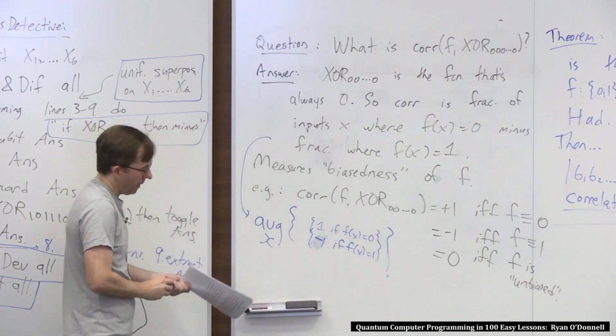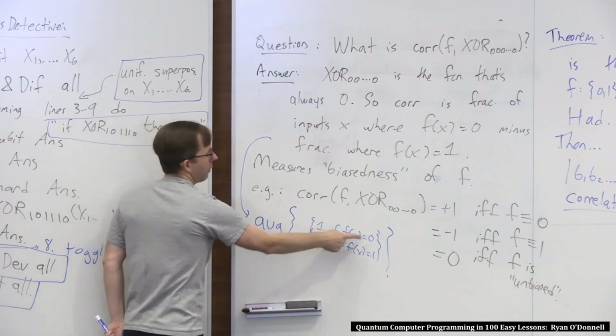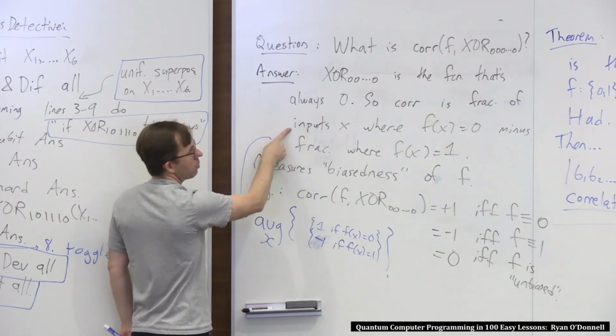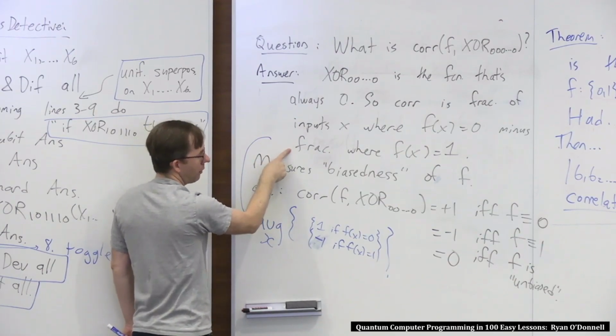Right? Because if you just average 1 when f of x is 0 and minus 1 if f of x equals 1, that'll turn out to be the fraction of inputs where f of x is 0 minus the fraction where f of x is 1.